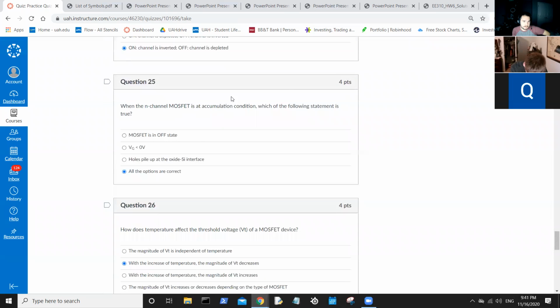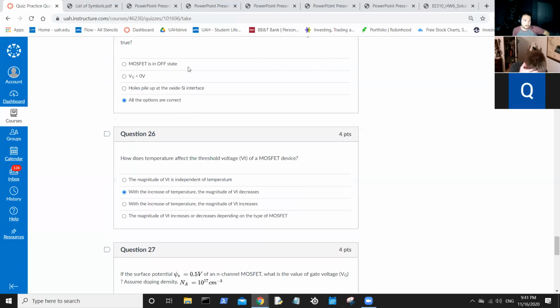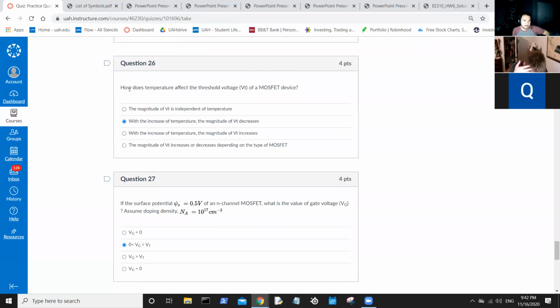When the N-channel MOSFET is at accumulation condition, which of the following statements is true? All the options are correct here. The MOSFET is off in accumulation. VG is less than, therefore, it's a negative voltage applied across the gate, so it's accumulating and preventing current flow. And as it says here, accumulating, holes are piling up at a location, hence the name, accumulation. So all options are correct.